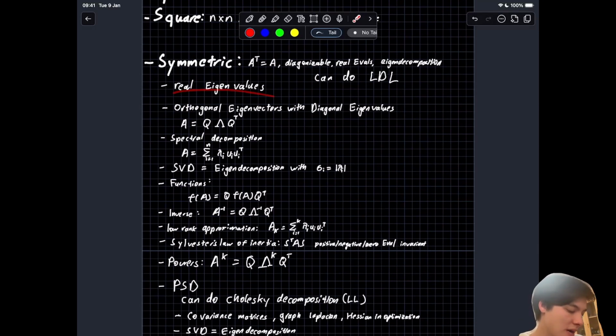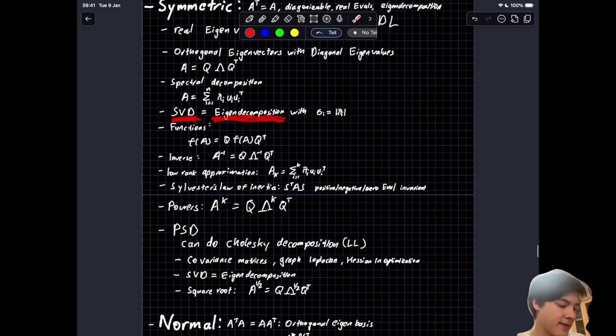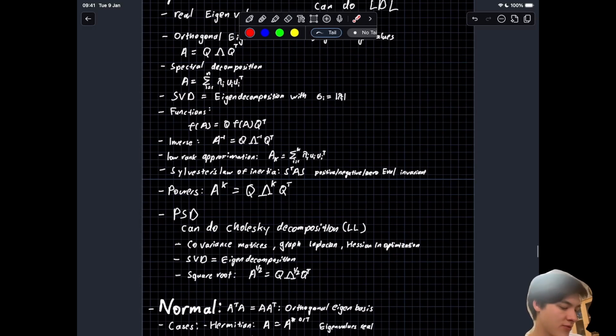So yeah, it has real eigenvalues. So we can find orthogonal eigenvectors with diagonal eigenvalues. We can do spectral decomposition. The singular value decomposition gives us the eigendecomposition, with the singular values equal to the absolute values of the eigenvalues. Why do I keep forgetting it?